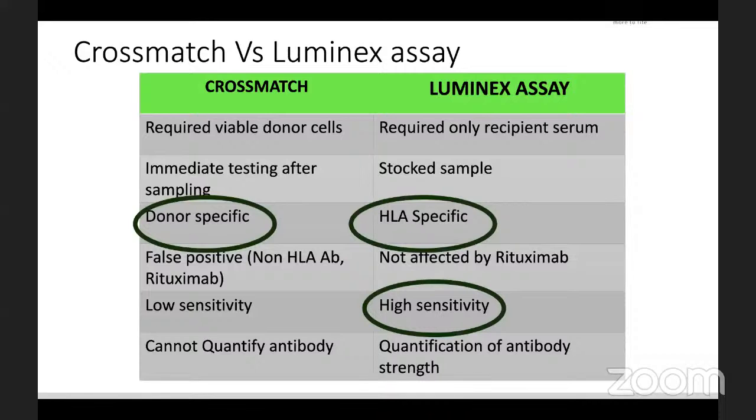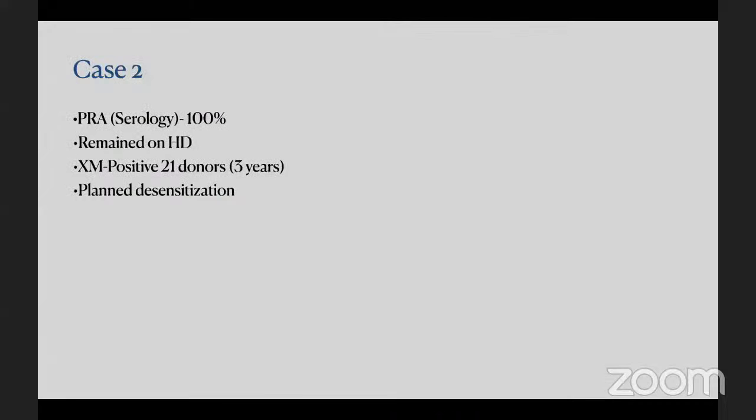Crossmatch is donor specific to that particular donor, and Luminex technology is HLA specific. Crossmatch may have low sensitivity. Luminex is highly sensitive. Crossmatch cannot quantify antibodies, but we can titer the antibodies, and Luminex can be used to quantify the strength of the antibody.